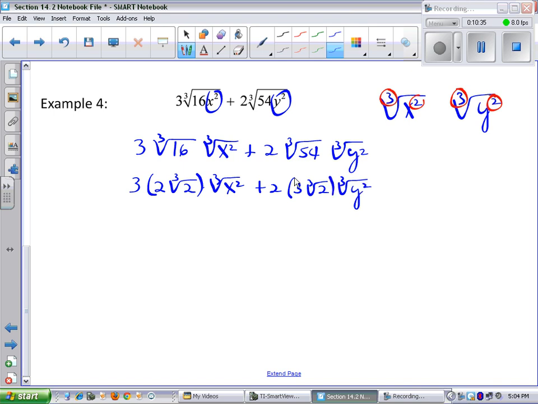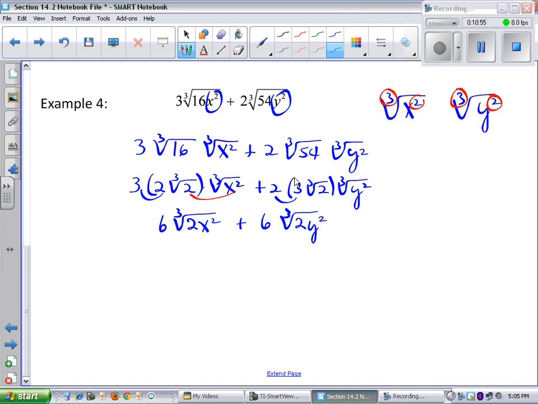So now I have 6 cube roots of, these have to be put back together underneath the radical, 2x squared plus 2 times 3 is 6 cube roots of 2y squared.